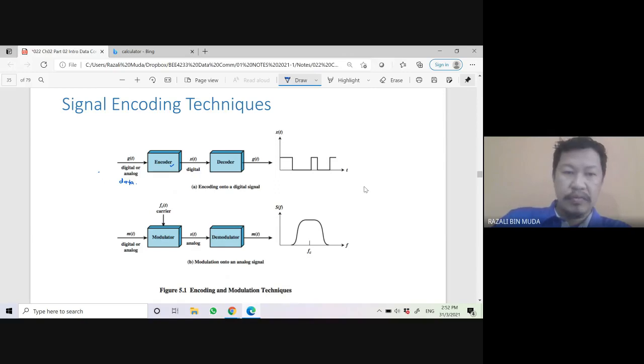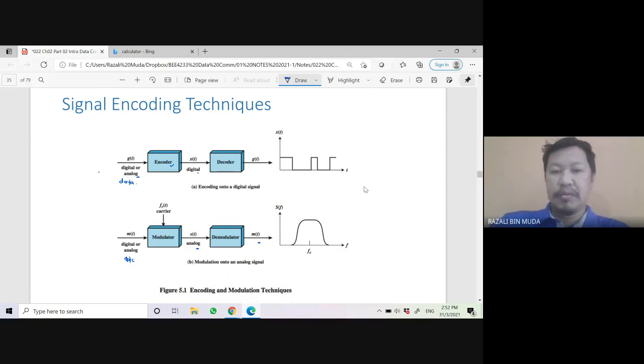So this is analog encoder into digital decoder. Then modulation onto an analog signal. So this is digital or analog data or signal: modulator, analog signal, demodulator.